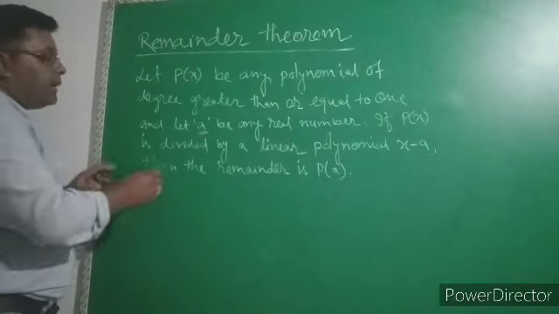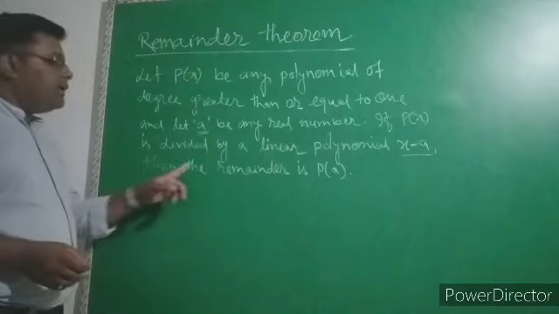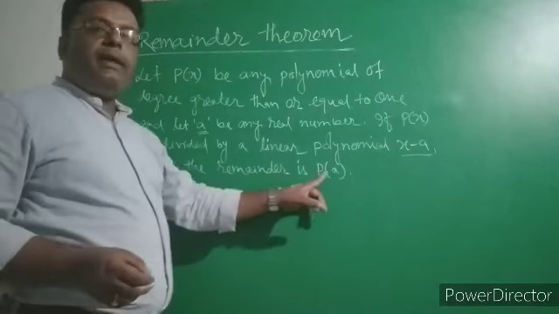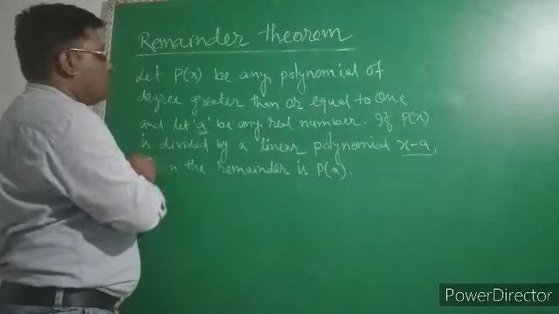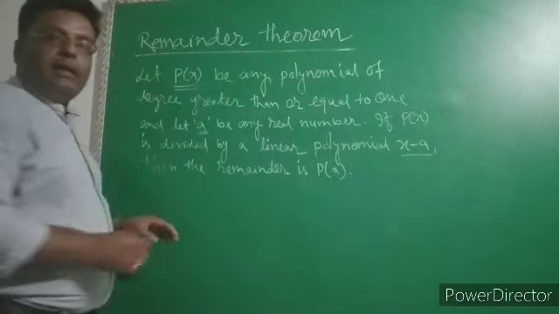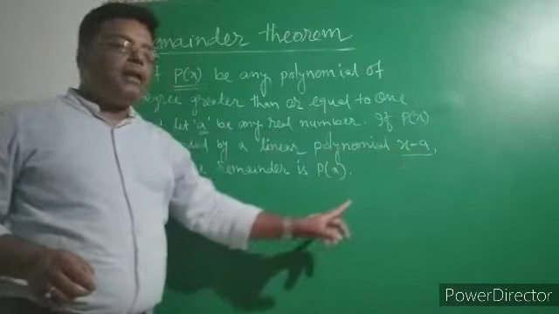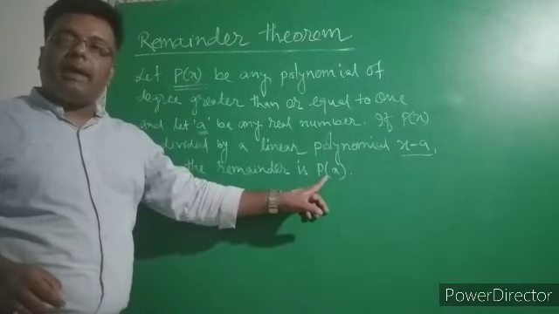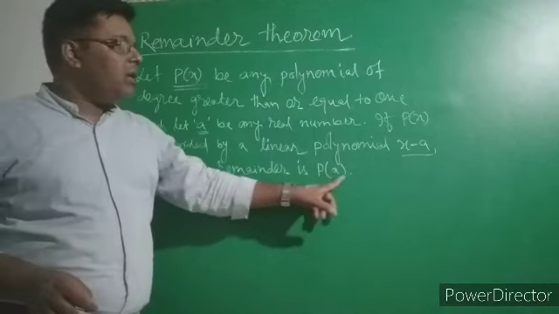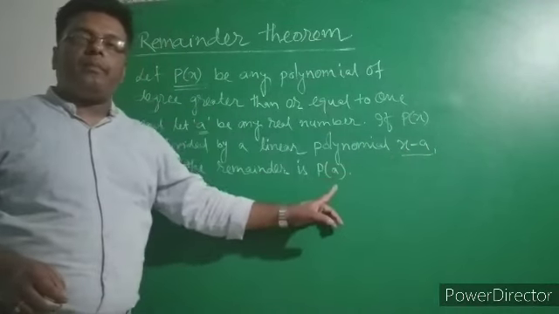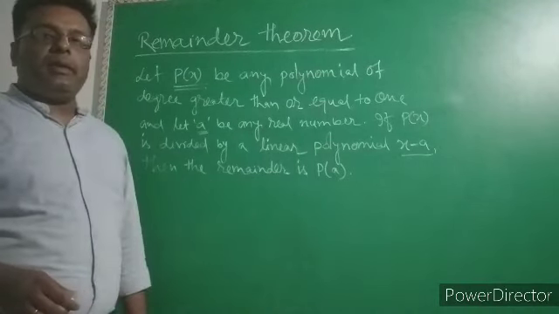Then, if p(x) is divided by this linear polynomial x minus a, the remainder is p(a). In place of x in p(x), we have to write a. That is, we just replace x by a, and we will get the remainder.